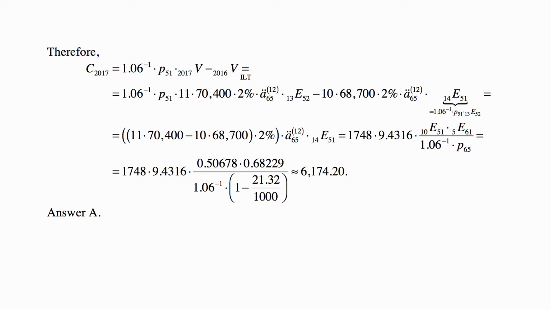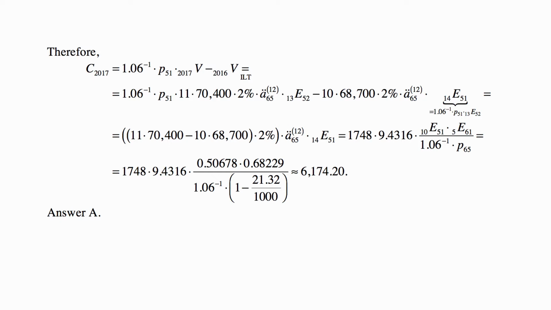Well, it can be figured out from the illustrative life table because 10E51 is in the table. It's equal to 0.50678. And 5E61 is in the table, but when we multiply the 10-year factor by the 5-year factor, that's a 15-year, and we have 14 here.